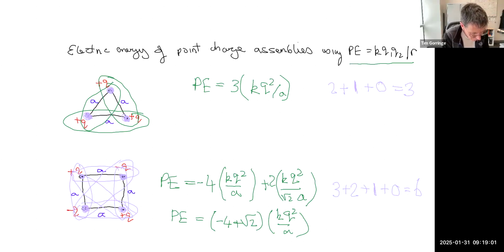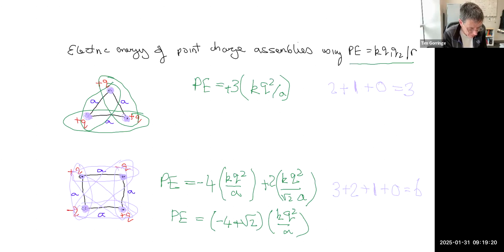Let me make one final comment about the result here. This was a positive electrical potential energy for the triangular arrangement. This, although there are positive and negative contributions, overall, minus 4 is bigger than square root of 2.